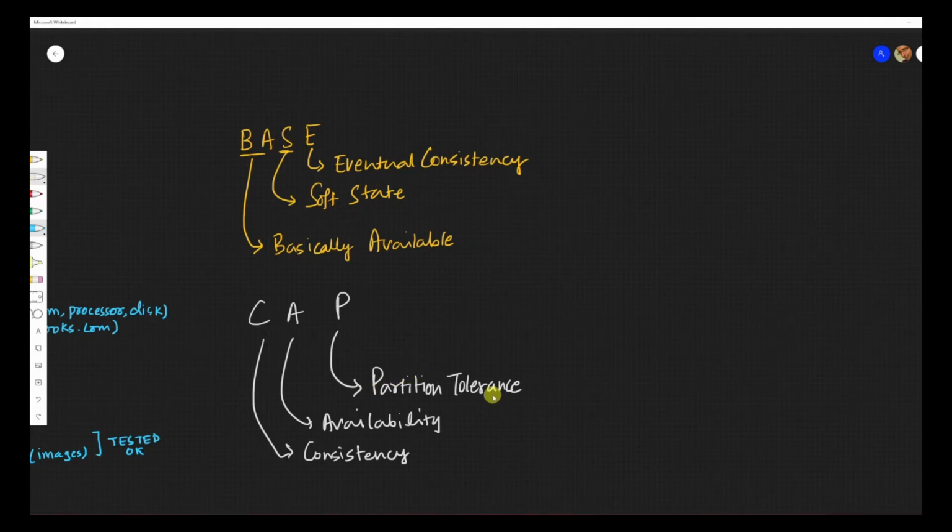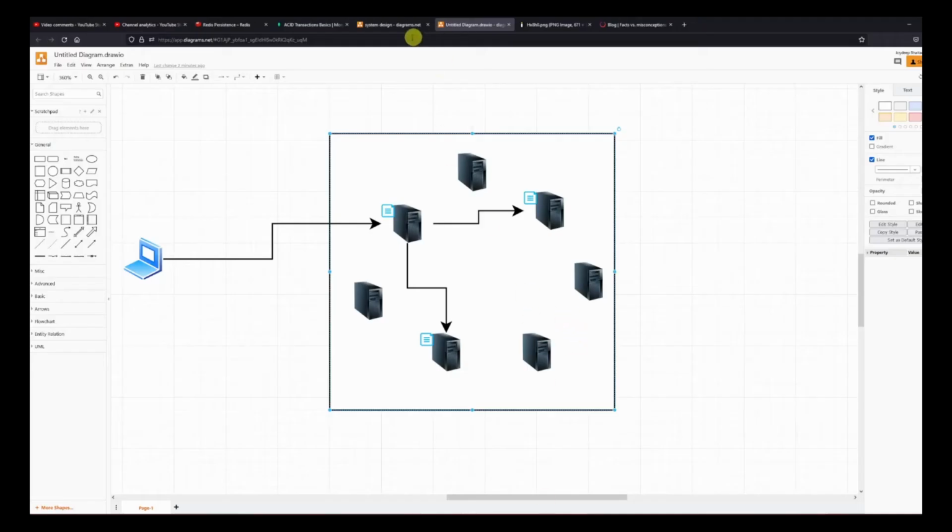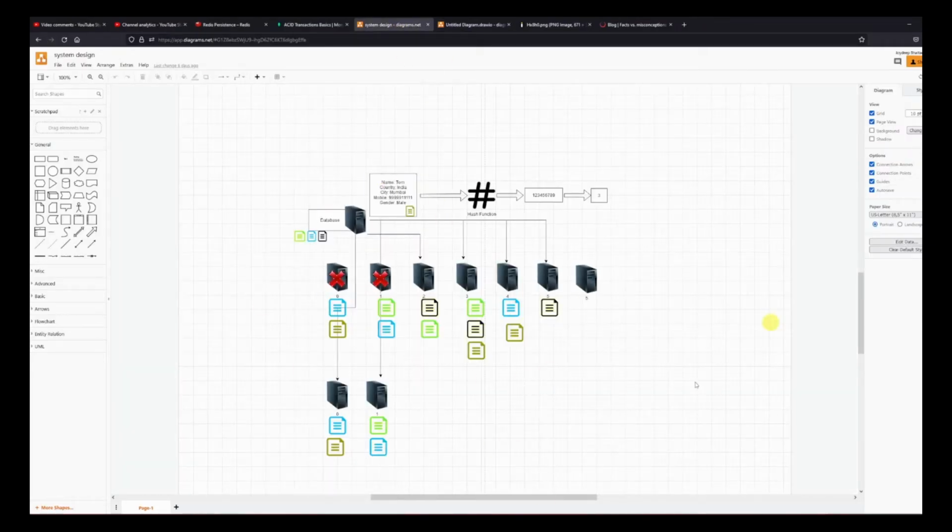Let's start with partition tolerance. We have to keep our data distributed across multiple servers, as we have seen, right? We are not keeping the data within a single machine. The data is distributed across multiple servers. The ability of the system to tolerate this network partition is called partition tolerance.